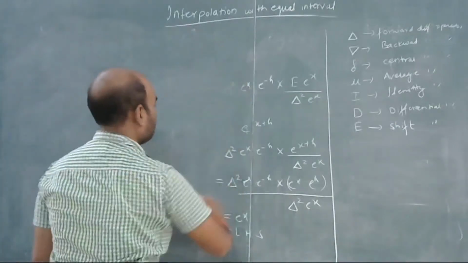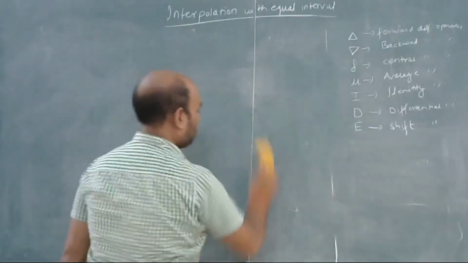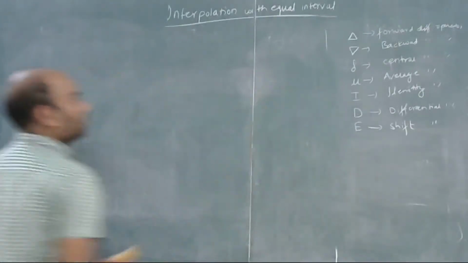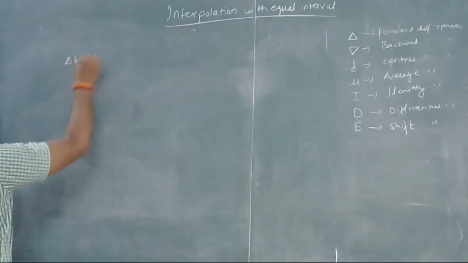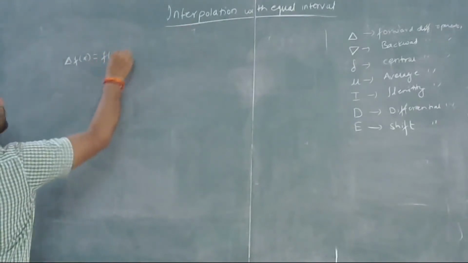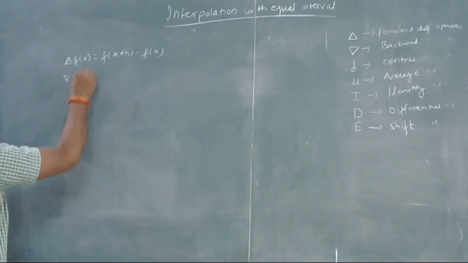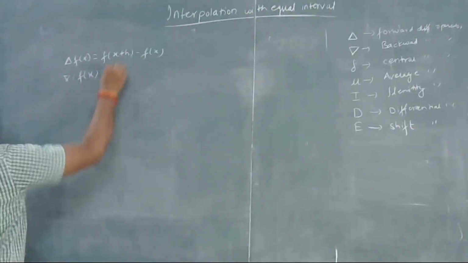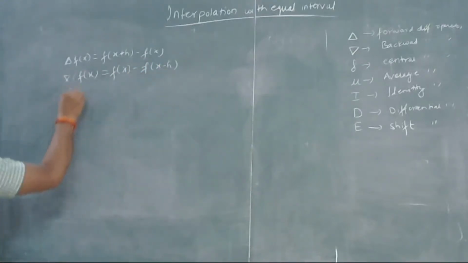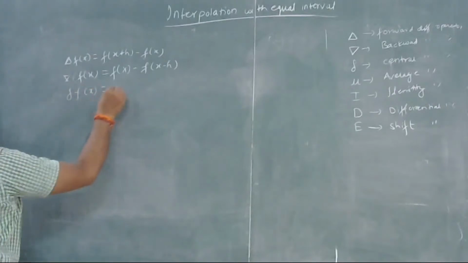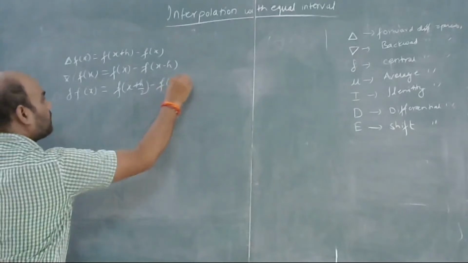So one question will come from these operators in the exam. So del f of x is equal to f of x plus h minus f of x. Backward operator f of x is equal to f of x minus f of x minus h. Then central operator f of x is equal to f of x plus h by 2 minus f of x minus h by 2.